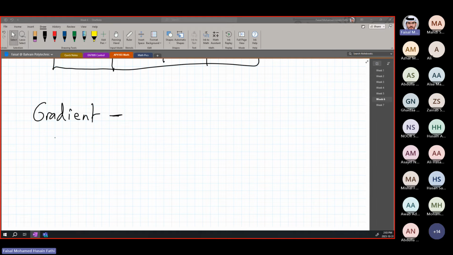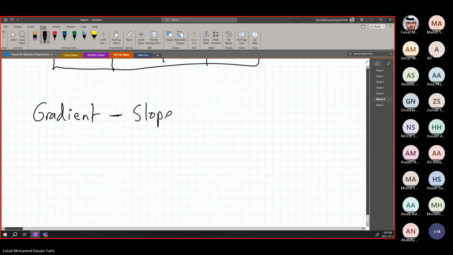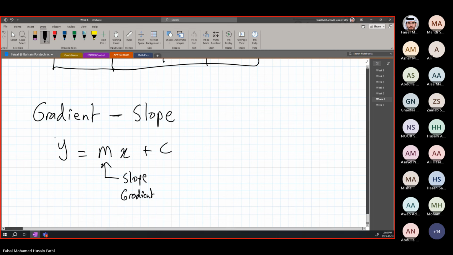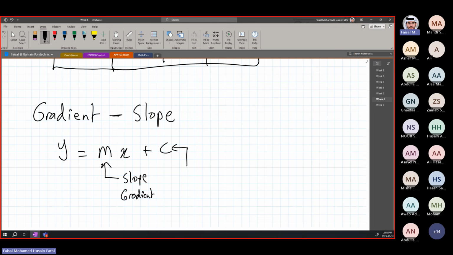It is the slope, exactly. If you remember the equation of a line, y equals mx plus c, here m is the slope or gradient.